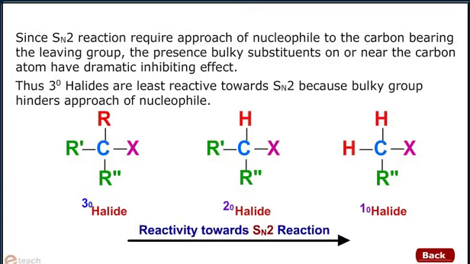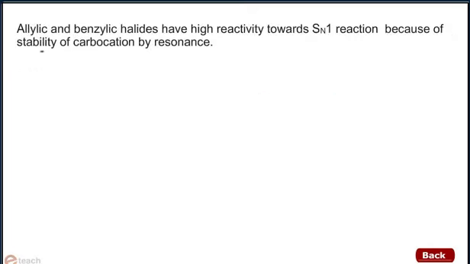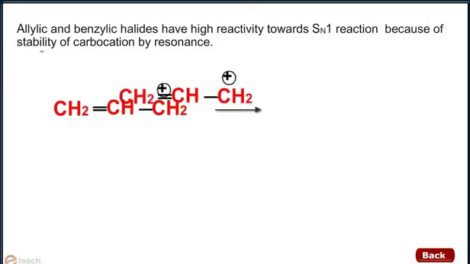Reactivity towards SN2 reaction follows the order 1 degree greater than 2 degree greater than 3 degree, which is opposite of reactivity towards SN1 reaction. Allylic and benzylic halides have high reactivity towards SN1 reaction because of stability of the carbocation by resonance.